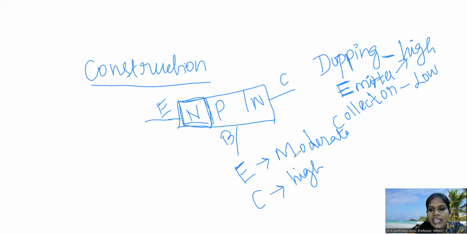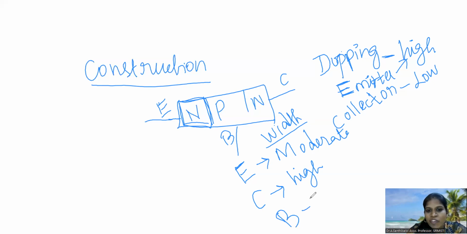Why? Because it is going to collect all the charge carriers emitted by the emitter, that's why it needs a high width. Then for the base, there is no need of high width. It is just a path between the emitter and collector.